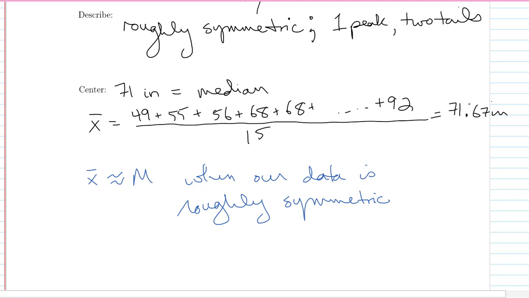Okay, so the difference between 71 and 71.67 could be large or it could be small depending on your scale. But in our case, in terms of measuring height in inches, it's not that big of a difference, and so it clearly demonstrates that the data is roughly symmetric.